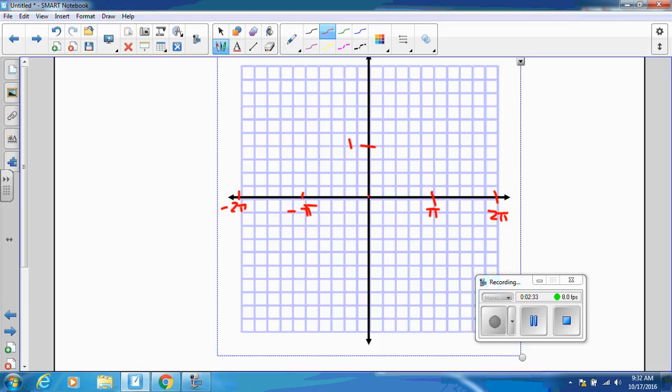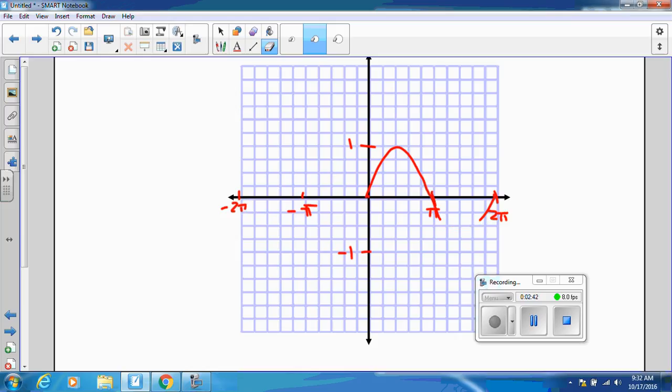And so the graph of sine is going to go up, down. It was quite symmetric. And so there is the graph of sine. And here comes the graph of cosine.